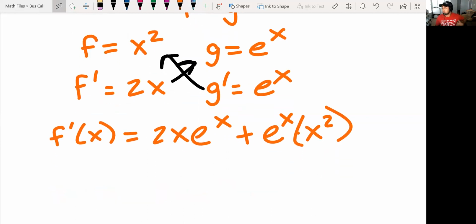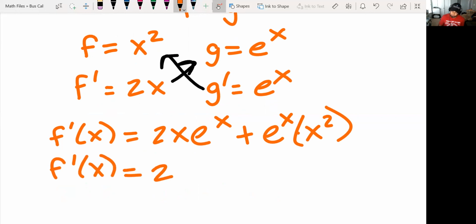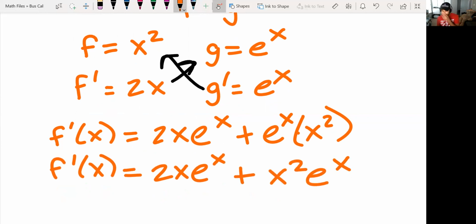And honestly, there's nothing else you can do here. You can't even combine like terms. So we can just rewrite this as 2x e to the x plus x squared e to the x.